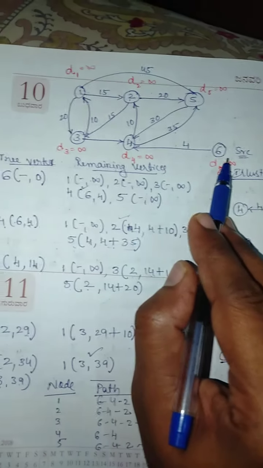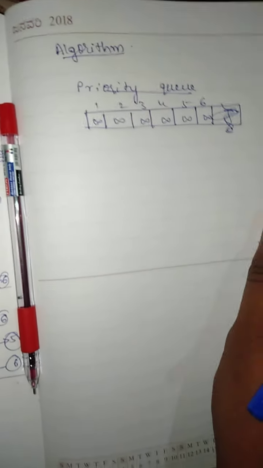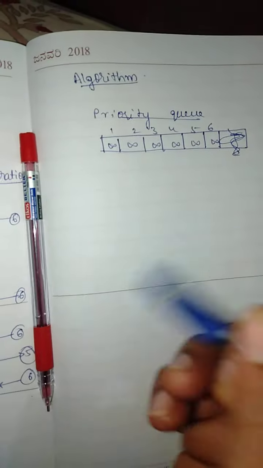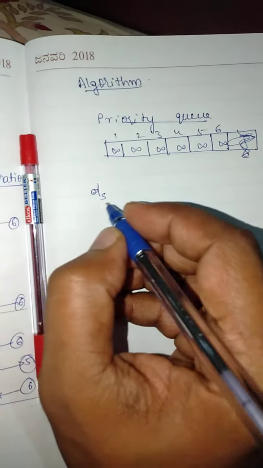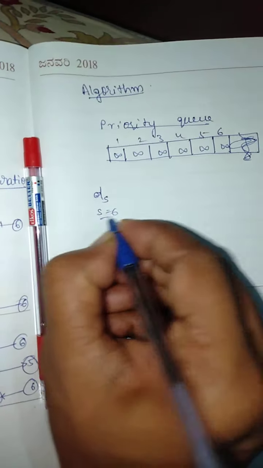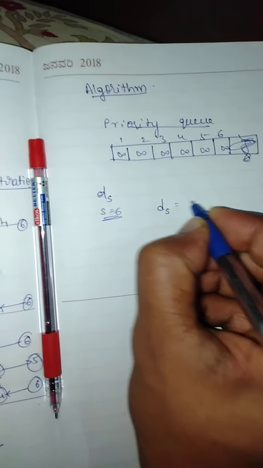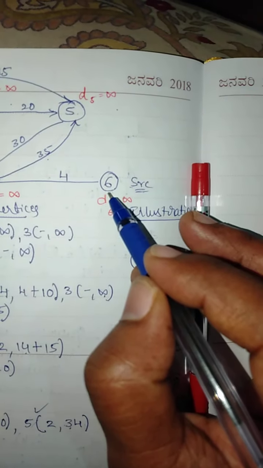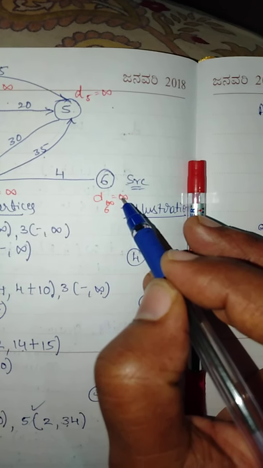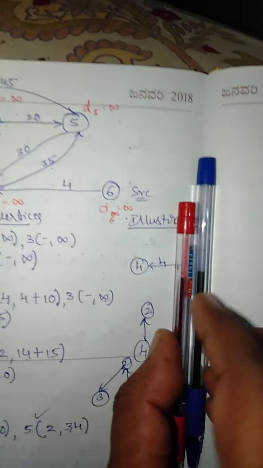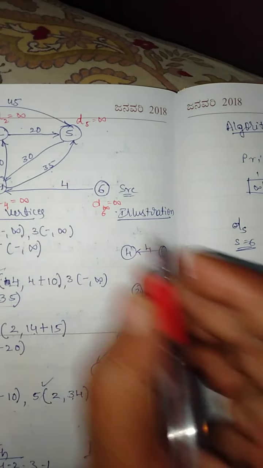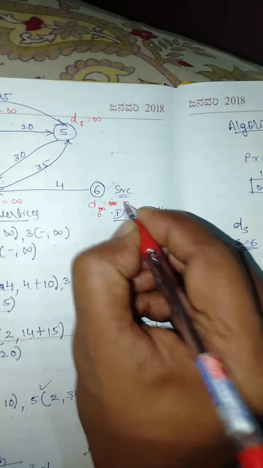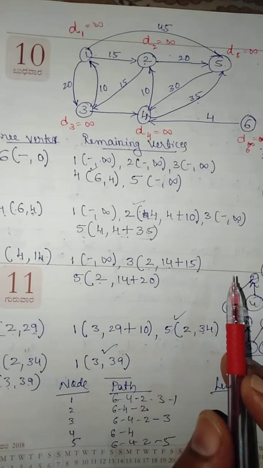Let S indicate the source node, and the source node S is 6. From the source node to itself, what is the distance? It is 0. So first we have to update the distance to the source node to be 0.